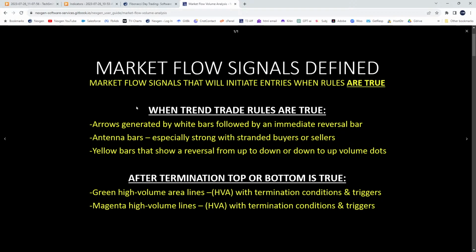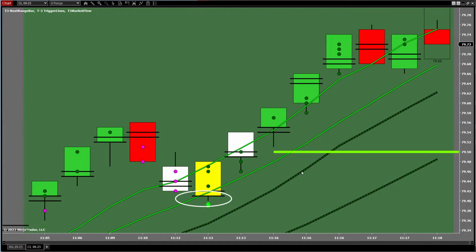So you have to have all of your trend trade rules true. Good bottom, strong triggers, everything going your way. That's the only time you look at the market flow. If your rules aren't true, you don't even have to look at it. It's just going to make you dizzy. But only in those certain instances where you're like, damn it, I need to, I'm in it.